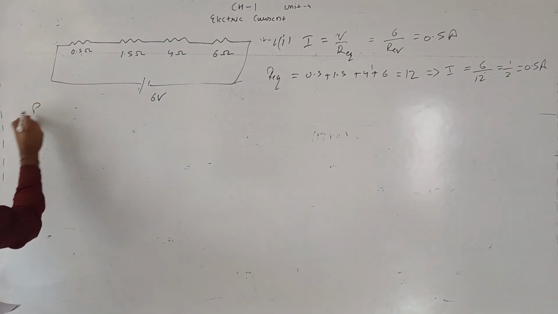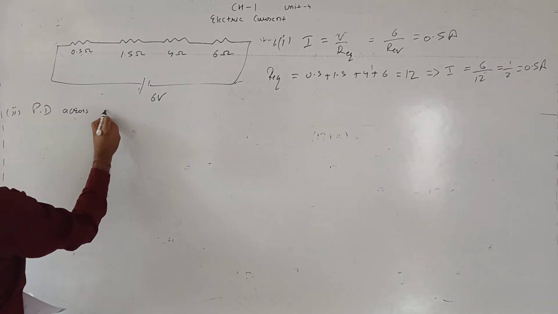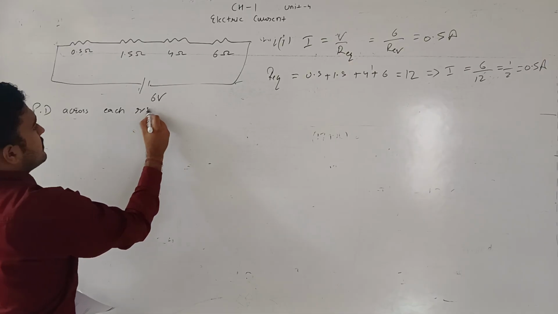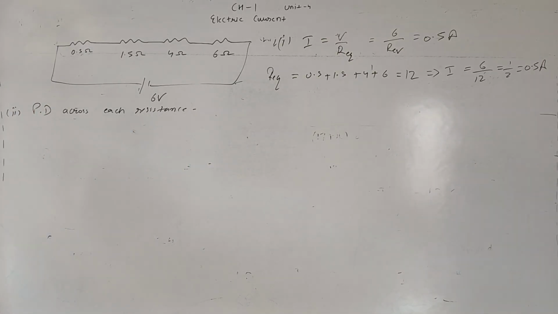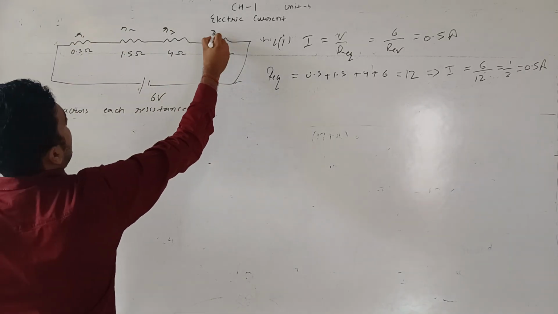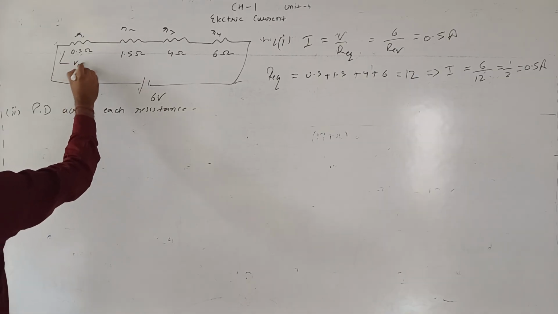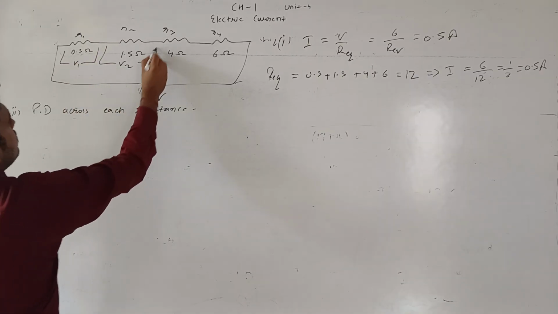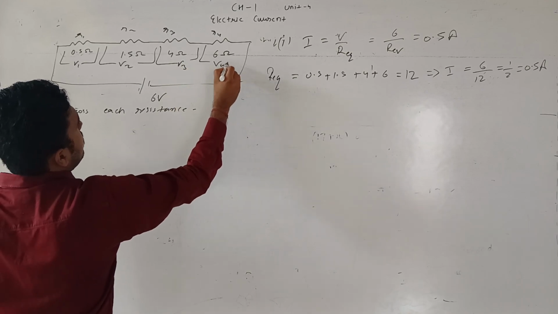Next we have to find the potential drop across each resistance. Let the resistances be R1, R2, R3 and R4, with potential drops V1, V2, V3 and V4.